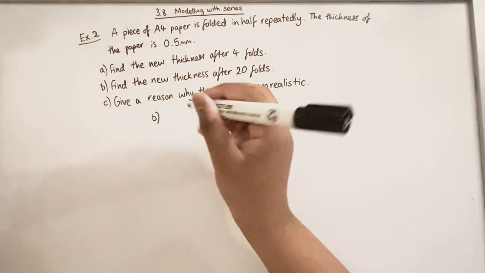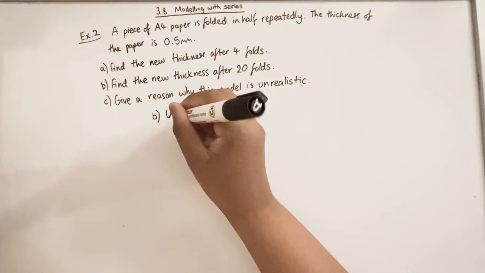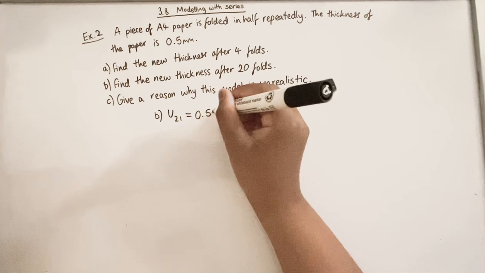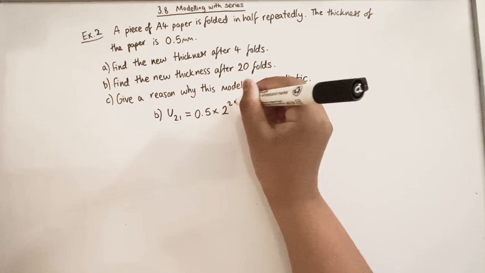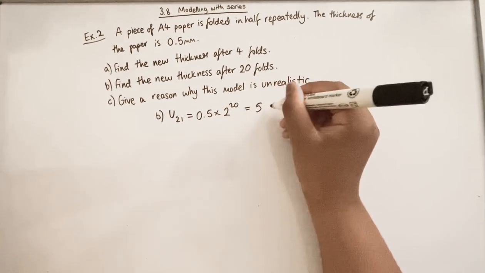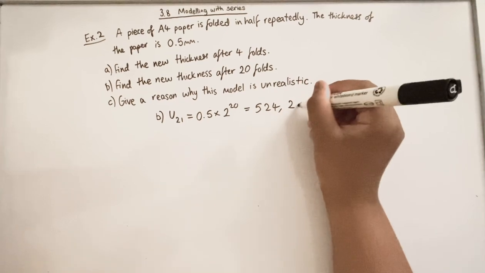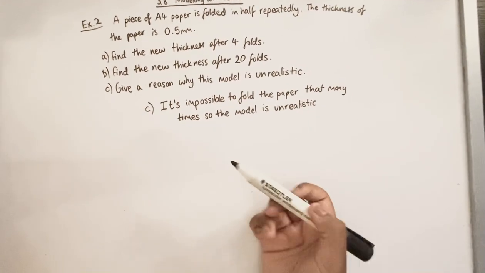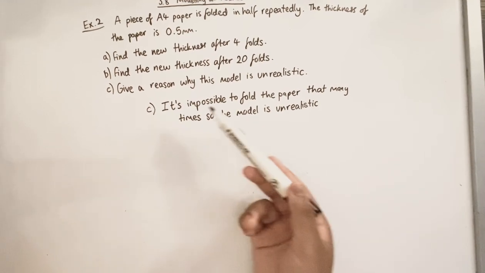For Part B, we use the same method. u_21, after 20 folds, will be equal to 0.5 times 2 to the 20, which is 524,288 millimeters.